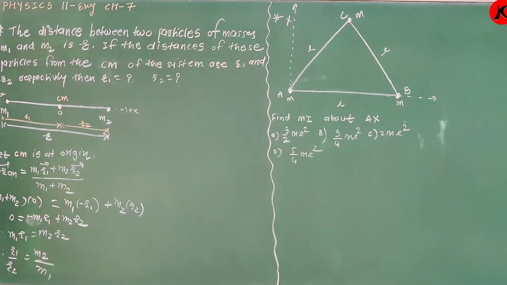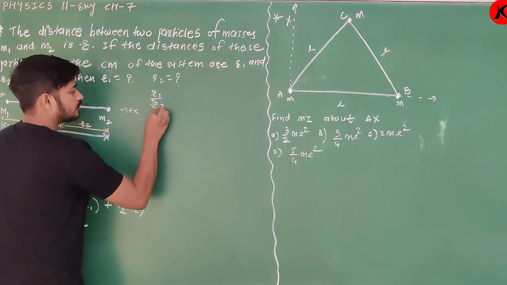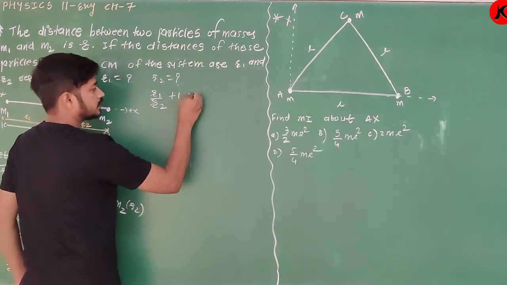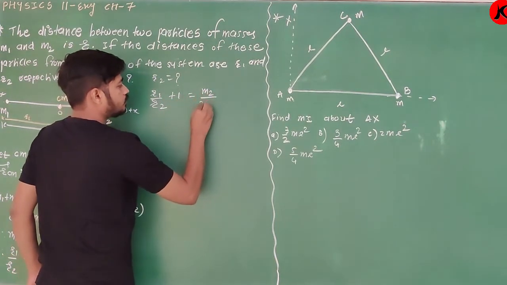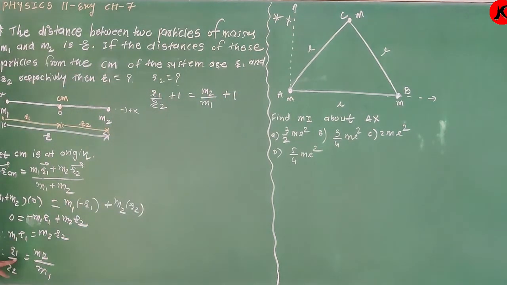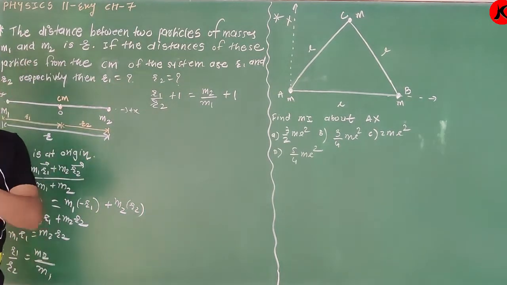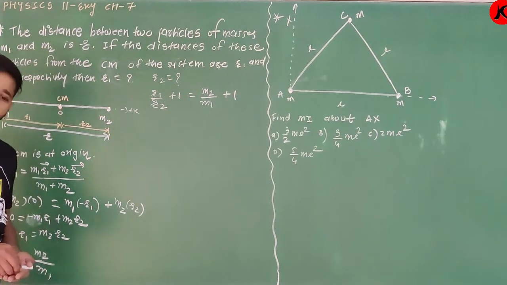Now, how to simplify this? Add 1 to both sides: r1 upon r2 plus 1 is equal to m2 upon m1 plus 1. Or in the language of maths, take componendo in the numerator.